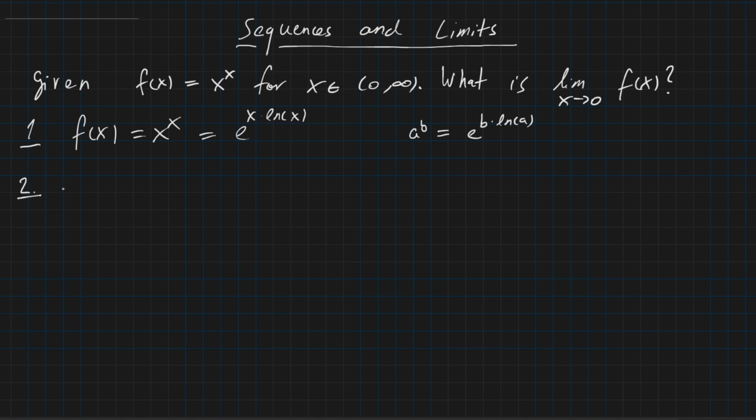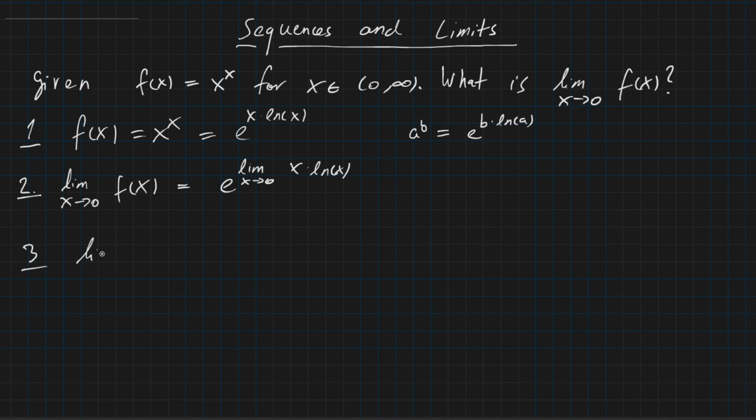So it holds that the limit where x tends to 0 of f of x is the same as e to the power of the limit where x goes to 0 of x times ln x. And we can use this to our advantage, because now we just have to look for this limit here. Yeah, and let's do this in the third step.